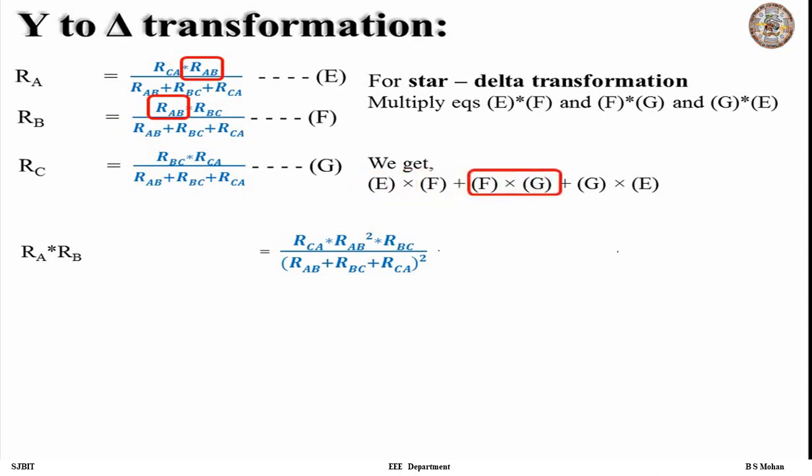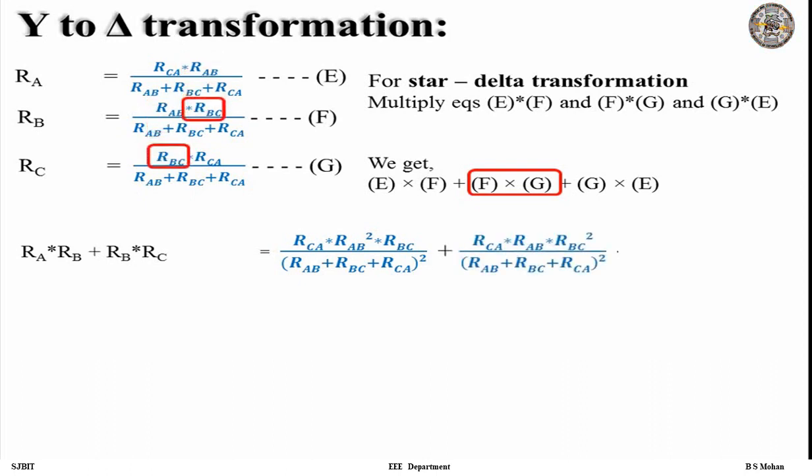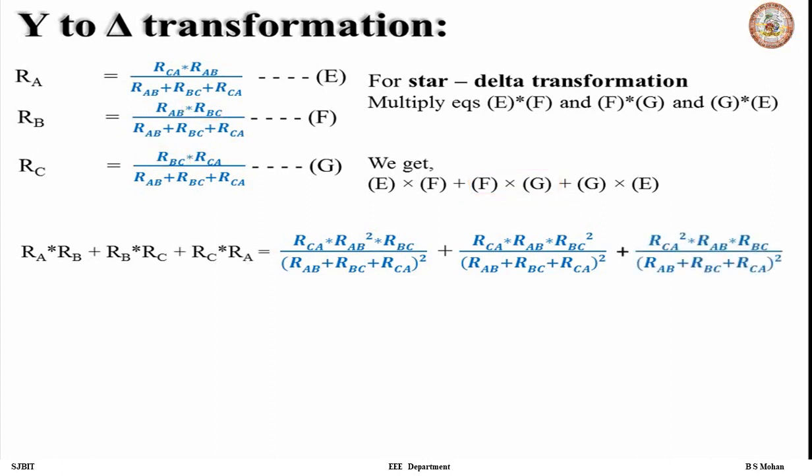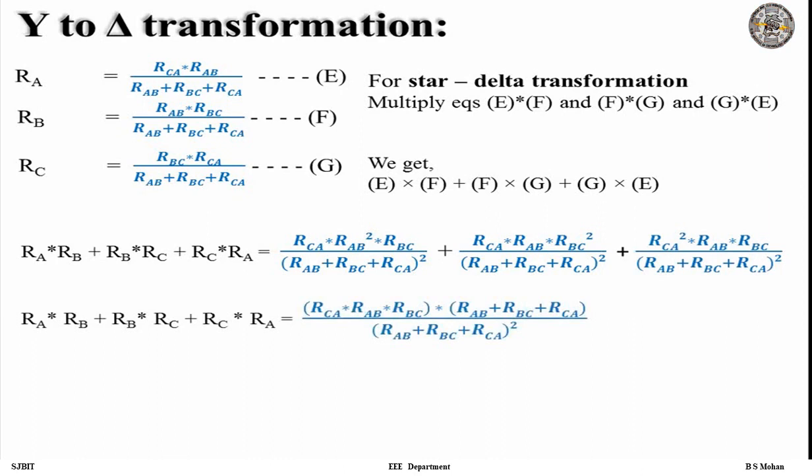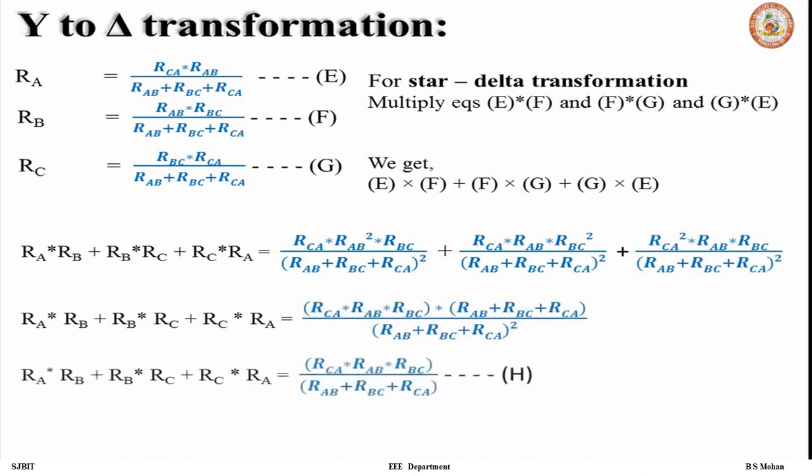Similarly, now when we multiply F and G, on the LHS we have RB into RC. Similarly, now on the RHS we will have RCA into RAB into RBC square. So one can analyze for G into E. This equation can be further reduced as shown below, and this can further be reduced as shown as equation H.